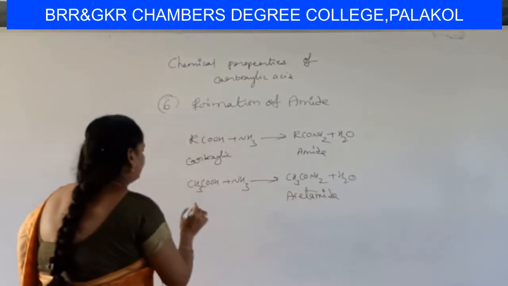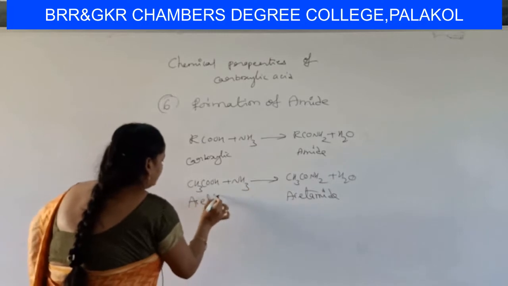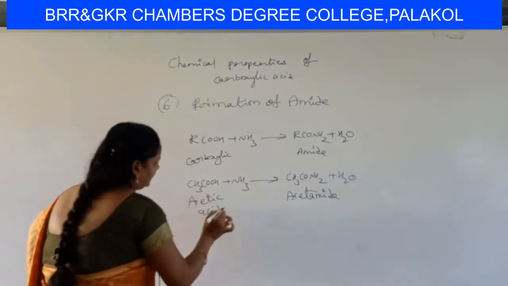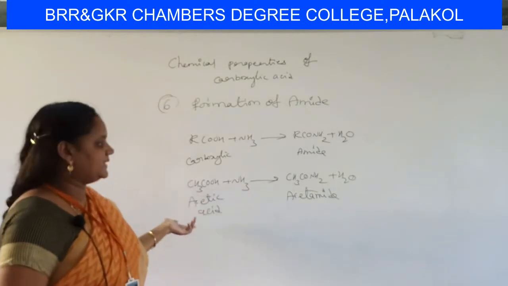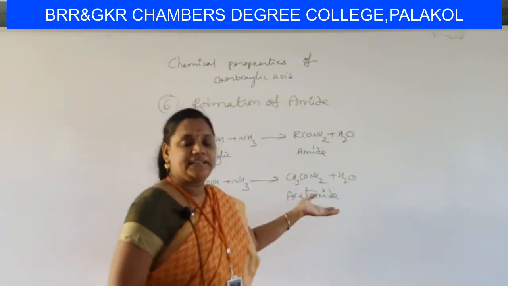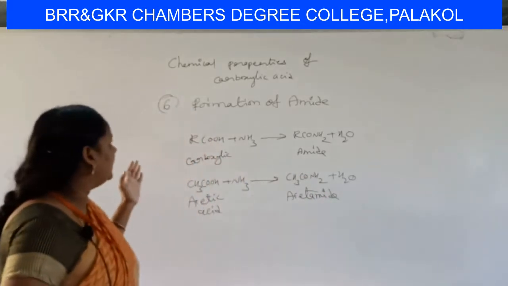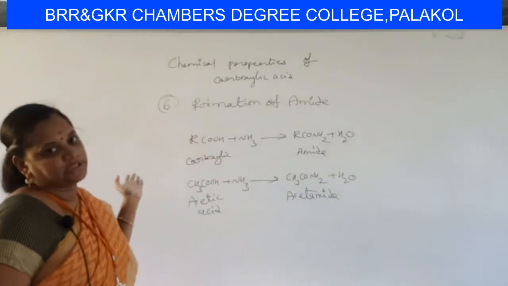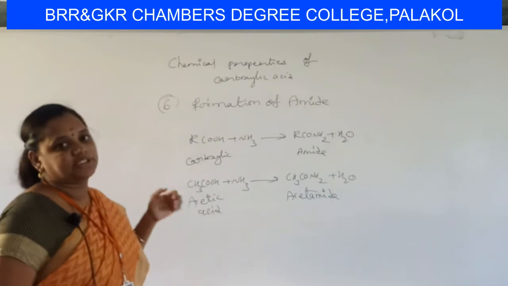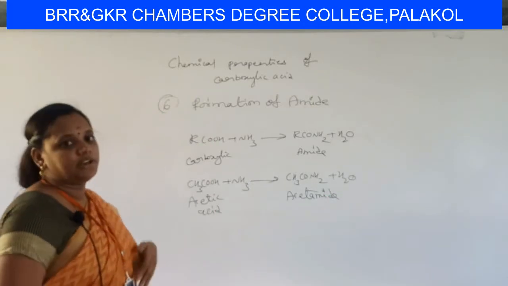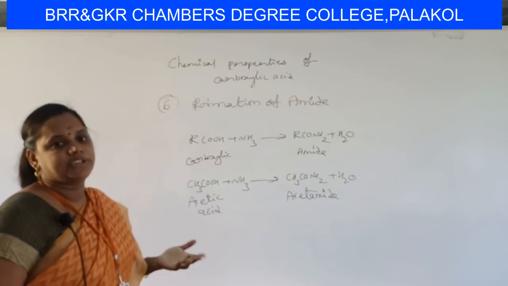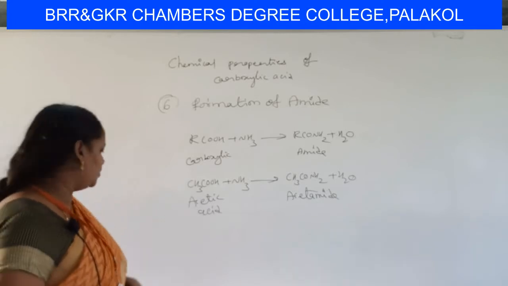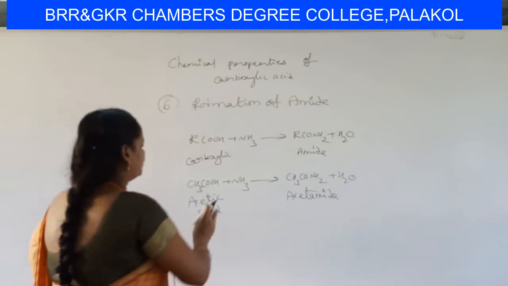The name is acetamide. Here acetic acid is converting into acetamide. This is about the 6th property of carboxylic acids, which is nothing but formation of amides from carboxylic acids using ammonia. Let us move into the next property, students.